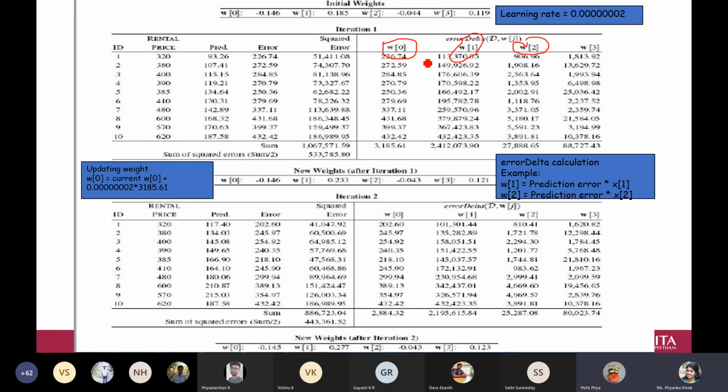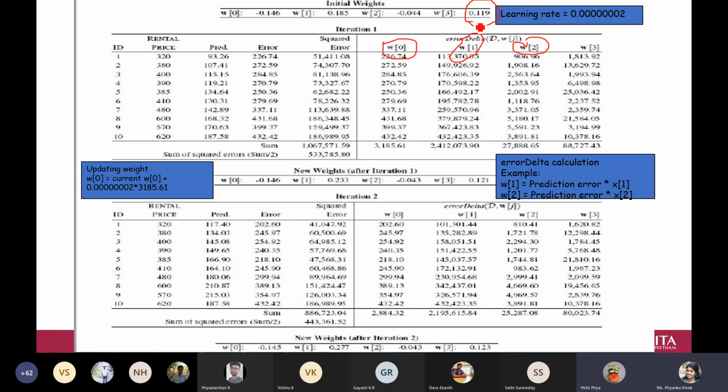Ma'am, for the W3 calculation, we will be just doing 0.121 plus alpha into... The next iteration you're talking about, or the previous? Actually, what I asked some of you to calculate was iteration 1. So the previous value of W3 is 0.119, if you can see here.